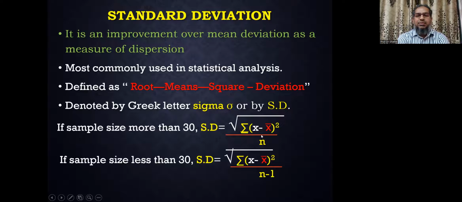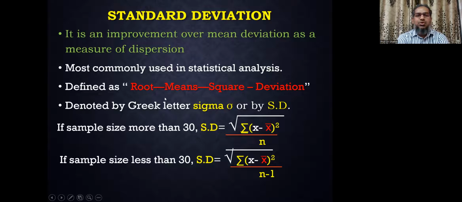Whereas if the sample size is more than 30, we take n. So whatever the number of observations, for a small sample we subtract 1. This is the formula for calculation of the standard deviation.